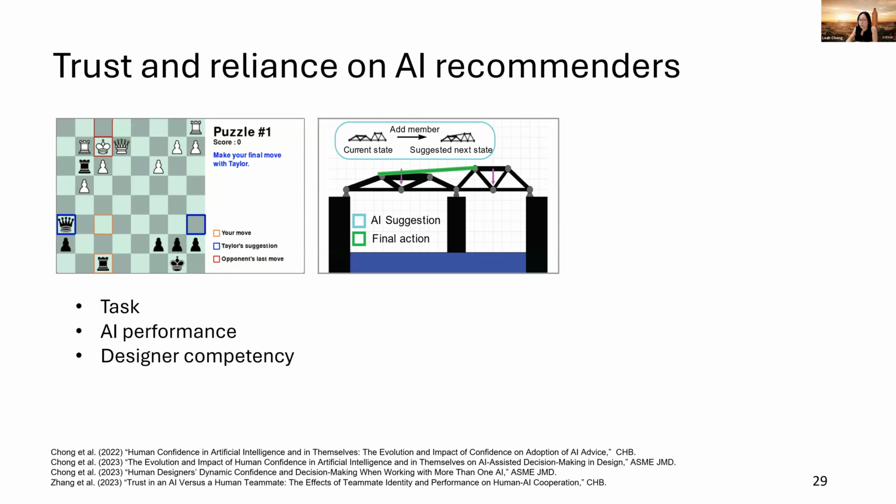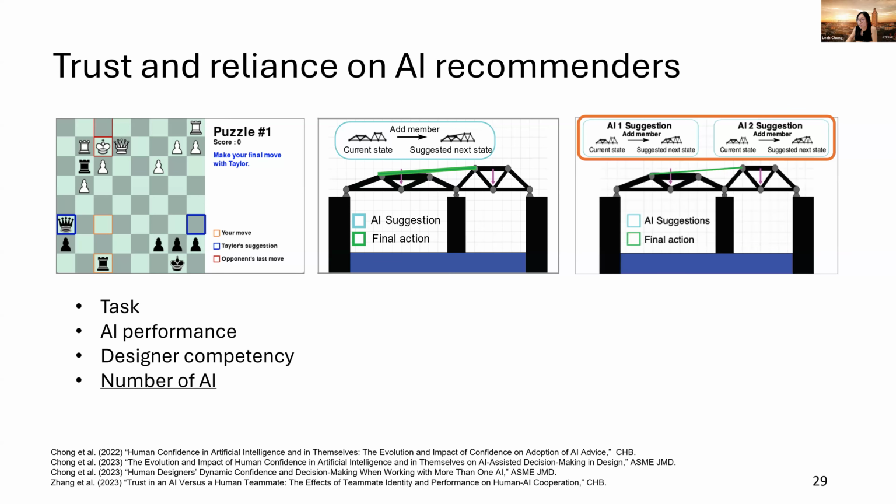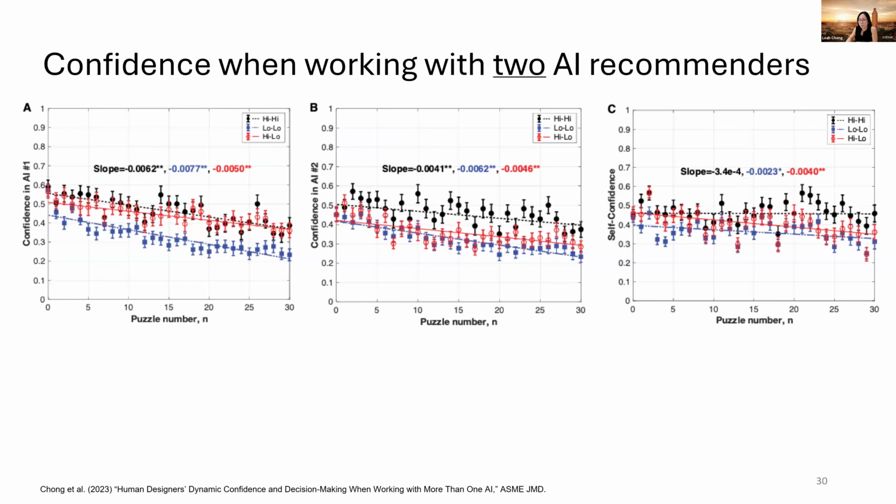After looking at the task AI performance and designer competency, I also conducted some follow-up studies, first looking at the number of AI suggestions and how that impacts the designers. So we added a second AI suggestion and saw whether that changed anything in the results.